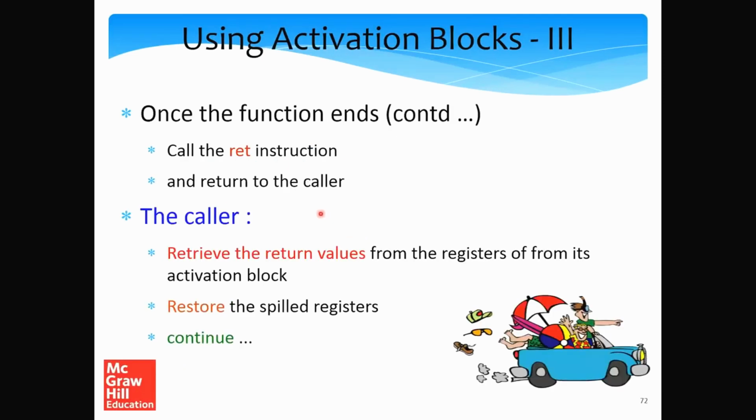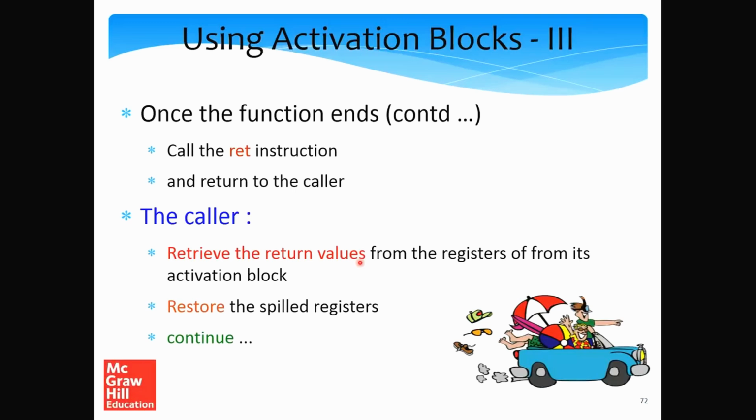So we have introduced two instructions, call and ret. We'll discuss them in slightly more detail. The main idea of the ret instruction, or the return instruction, is that once the function ends, we call the ret instruction and return back to the caller. What does the caller do? It retrieves the return values from the registers or from its activation block, depending upon the convention.